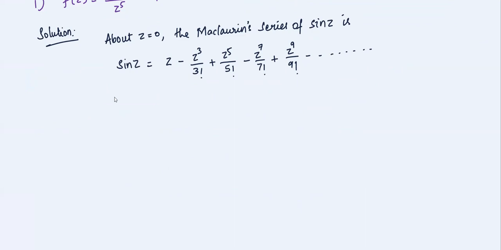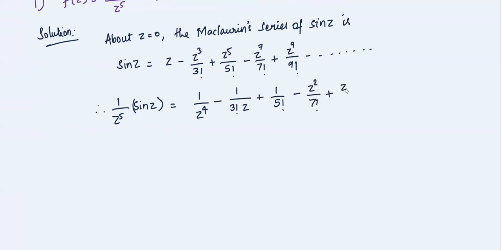Now, therefore, 1 by z power 5 times sine z, if we do, we'll get 1 by z power 4 minus 1 by 3 factorial times z squared plus 1 upon 5 factorial minus z squared upon 7 factorial plus z power 4 by 9 factorial and so on.